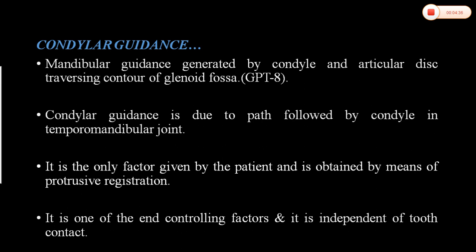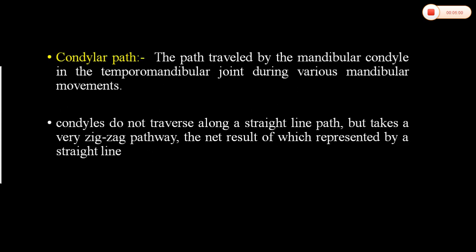Condylar guidance can be recorded. It is one of the controlling factors and it is independent of tooth contact. As it is a bony position, it does not depend on the tooth contacts.